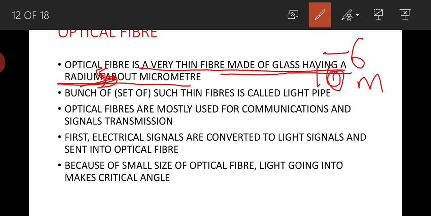The radius of an optical fiber is very low, which means it is a very thin fiber. A bunch, or set, of such thin fibers is called a light pipe.